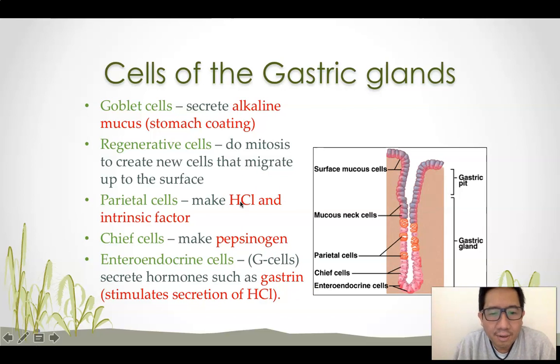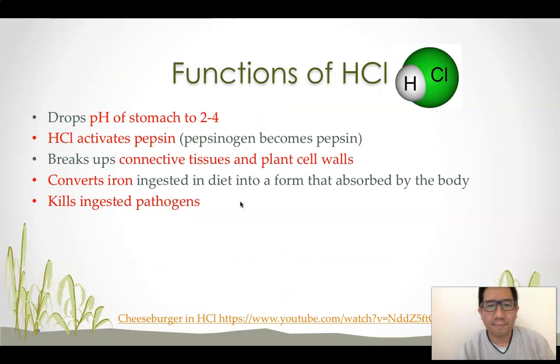This is a hormone that supports the parietal cell, like a cheerleader for the parietal cell, saying, hey, keep going, make more. I want more of that hydrochloric acid. So gastrin will make the parietal cell secrete more hydrochloric acid.